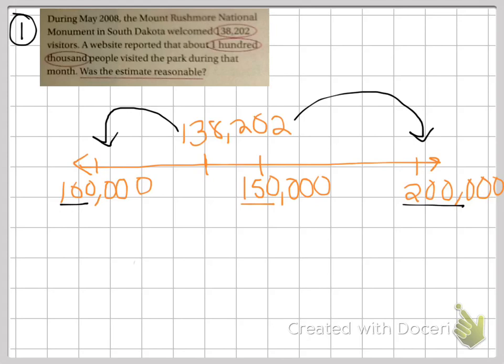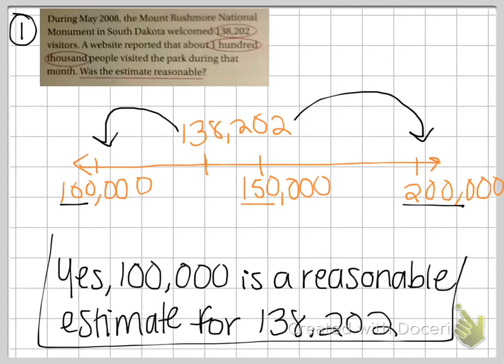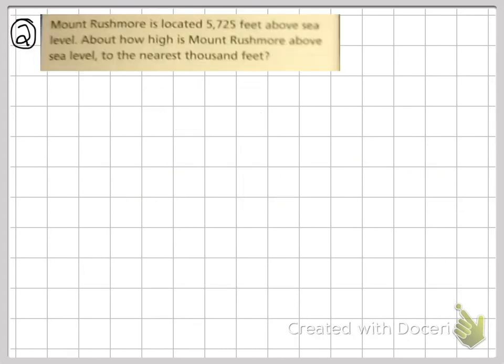Well, it's less than the halfway point and much closer to 100,000, so yes, it is a reasonable estimate to round 138,202 to 100,000. So I'm going to write that response statement for you. And here it is. It would not be reasonable if we rounded to 200,000 because it's much closer to 100,000 than 200,000.